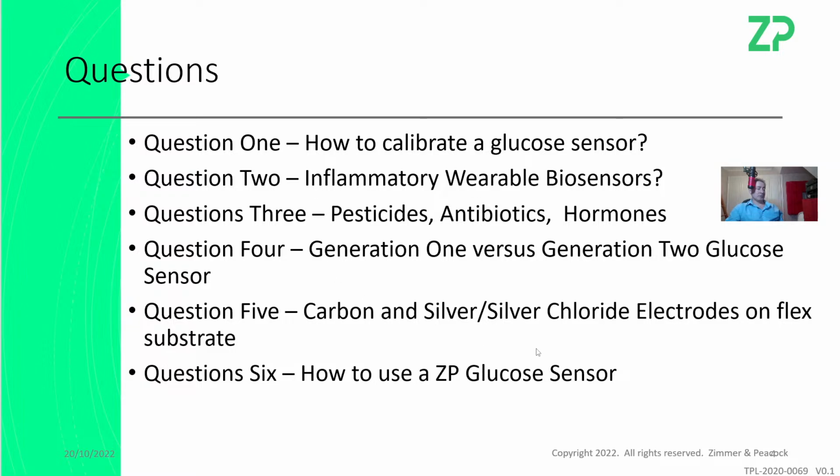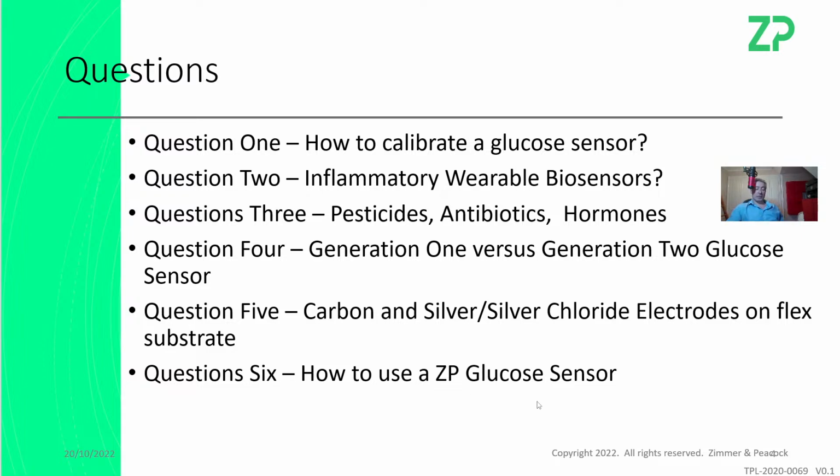Question number 5 is, can we print carbon and silver chloride electrodes on flexible substrates? Of course, the answer is yes, and we'll cover that. Number 6 is how to use a glucose sensor. It's interesting, because question 1 is about glucose sensing, question 4 is about glucose sensing, and question 6 is about glucose sensing.